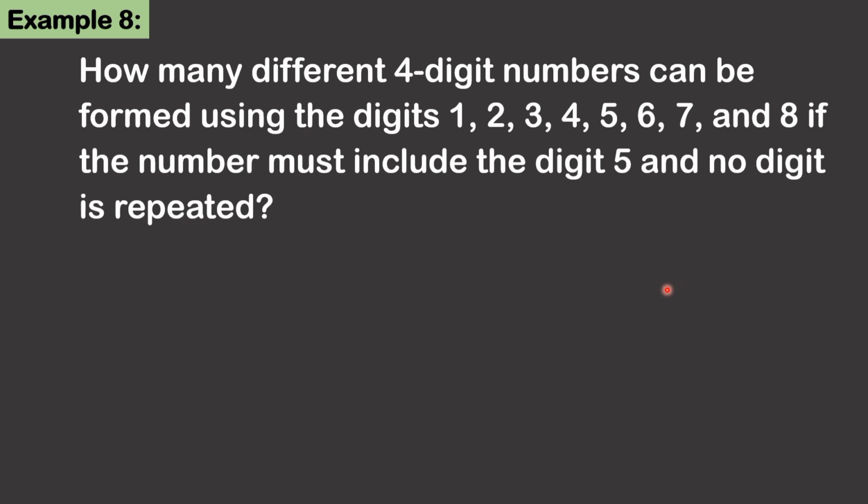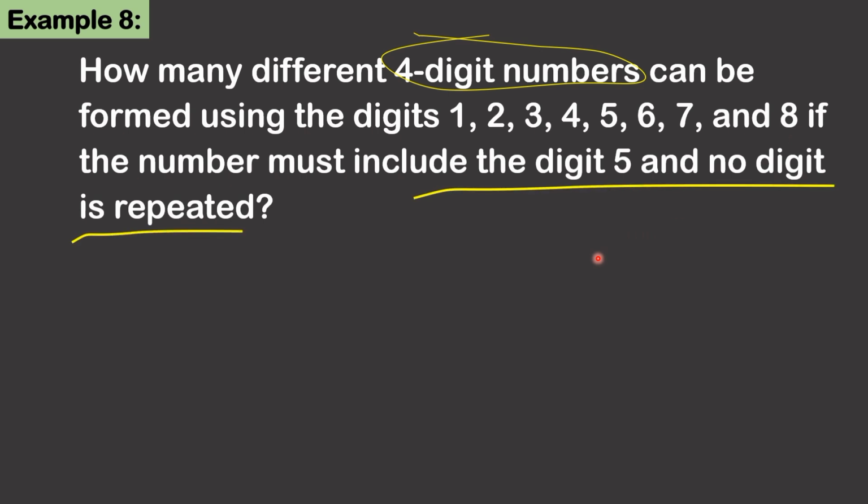Example 8. How many different 4-digit numbers can be formed using the digits 1, 2, 3, 4, 5, 6, 7, and 8 if the number must include the digit 5 and no digit is repeated?